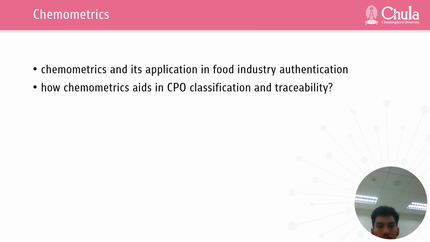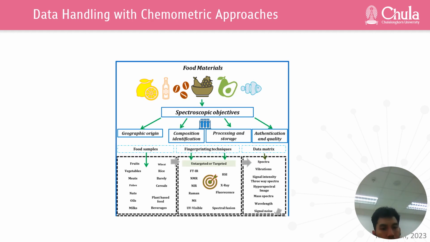Now, how chemometrics aid in CPO classification and traceability? So, data handling with chemometric approach, we're discussing about this. In doing this CPO fingerprinting, you can see the concept of using spectroscopy tools here. So we prepare the samples, which is the CPO or other organic samples.